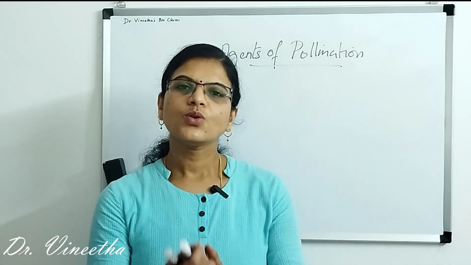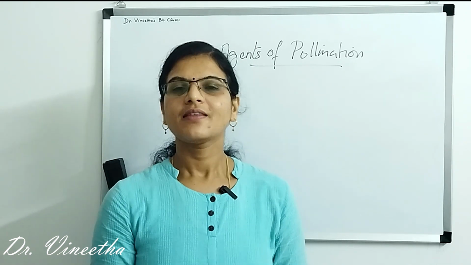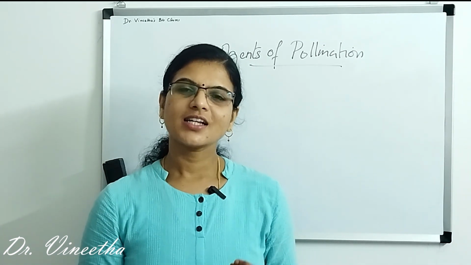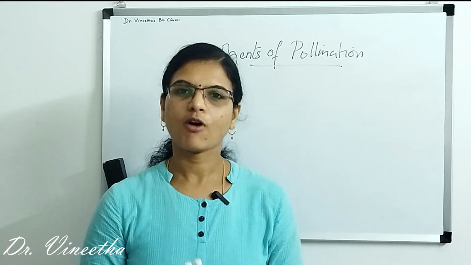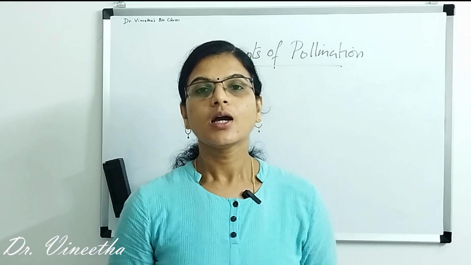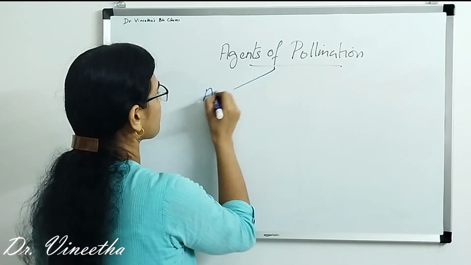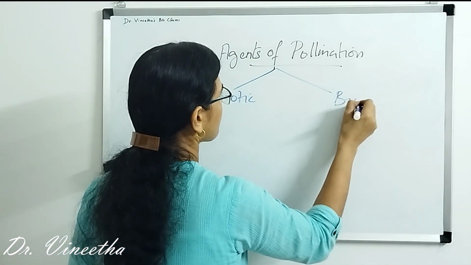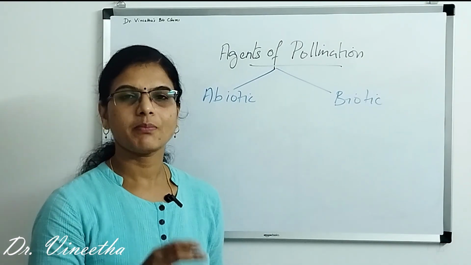Now onto the next topic, agents of pollination. We know that pollination is a chance factor. There are very few chances that the pollination is successful and seed formation occurs. For helping with the pollination, there are several agents of pollination, and they can be both abiotic and biotic. Abiotic means which doesn't have life, and biotic has life.